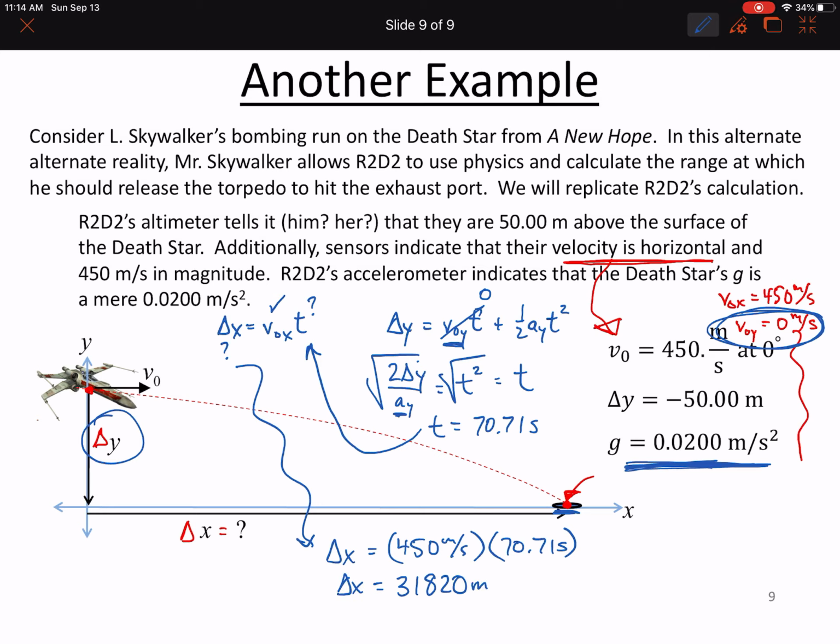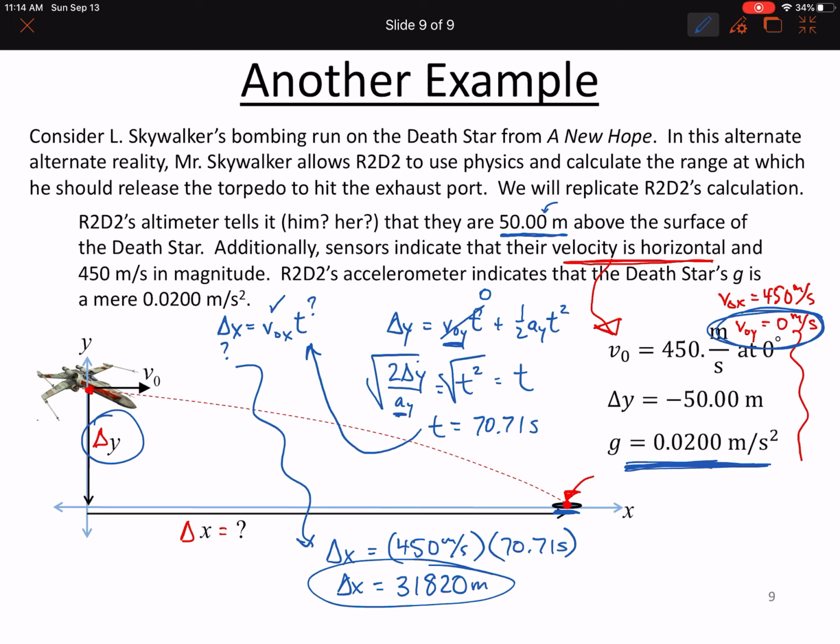Okay, couple of things. If you try this problem again and you assume that R2D2's altimeter is out of calibration by, say, a centimeter, like just that decimal place right there, well, then he'll miss the exhaust port, assuming the exhaust port is about the size that it is in the movie, and, well, that won't go well for the rebels.